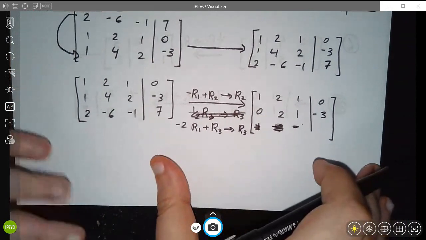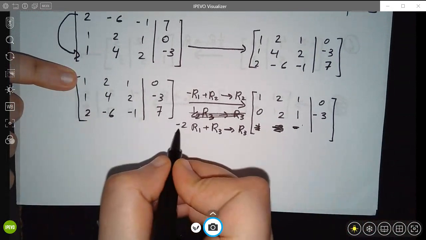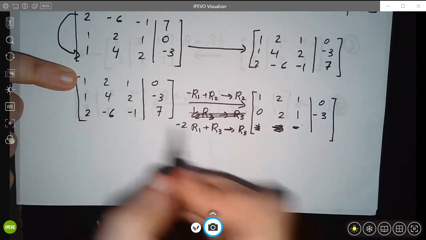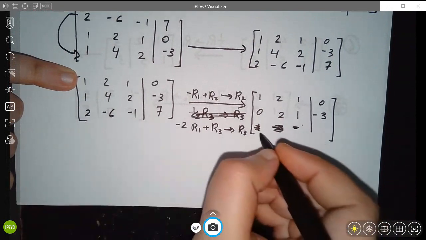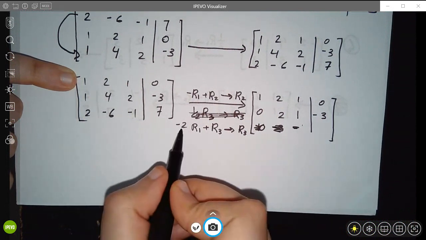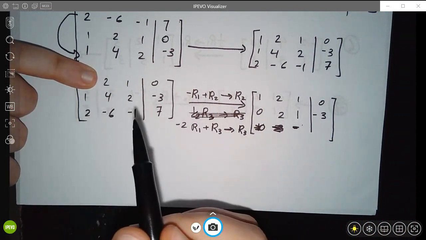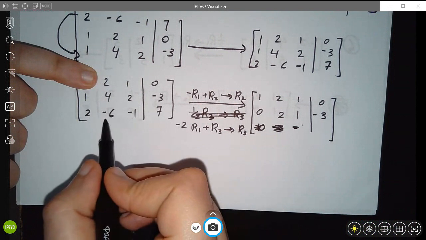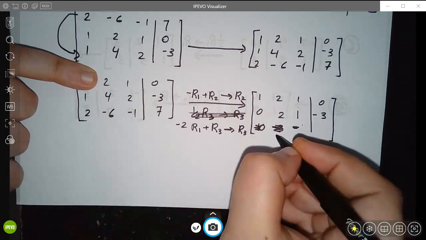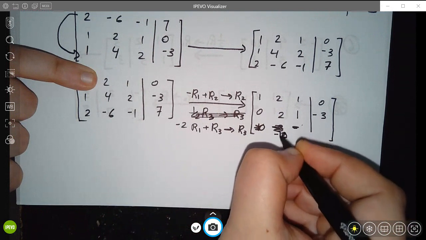Okay, so as you can see, if you multiply 1 by -2, it becomes -2. If you add it to the 2 over here, this turns into a 0. So there we got our second 0, right? Now, if I multiply the -2 times the 2 right here, that becomes a -4. Add it to the -6, that puts you at a -10.